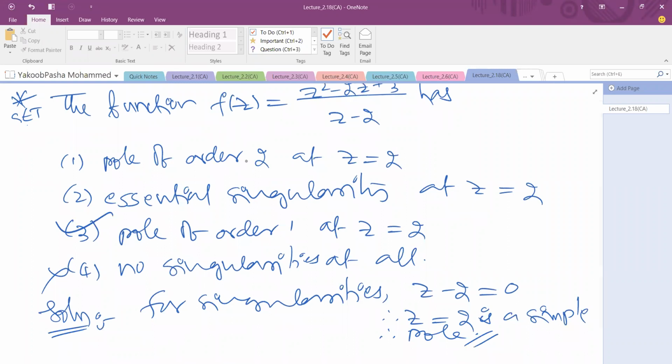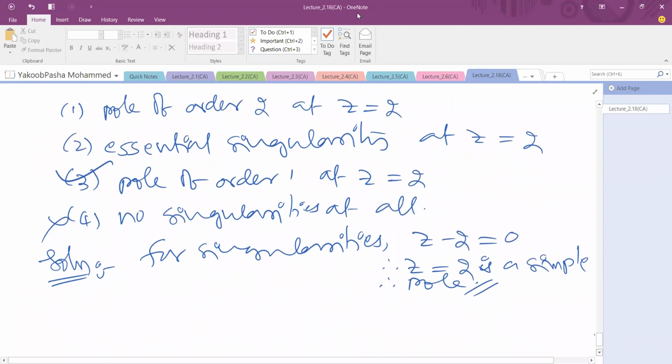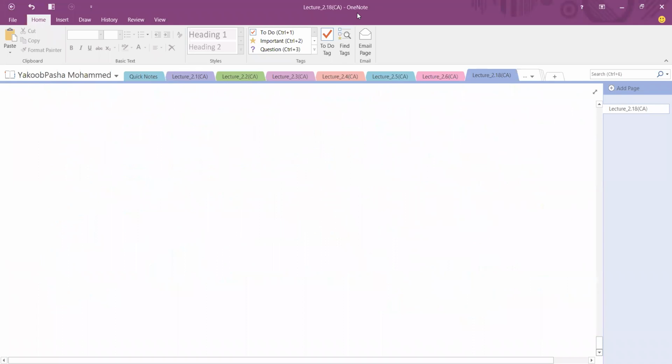Pole of order 2 at z is equal to 2 is wrong. And essential singularity at z is equal to 2 is also wrong. That means after z minus 2 there should be z minus 2 whole square terms, z minus 2 whole cube in the denominator, that is, an infinite number of terms, when we call it an essential singularity. But here we have only the z minus 2 term, so the principal part stops, and we can talk about only a pole. Here 1 times 0 means simple pole. Simple pole means order 1.